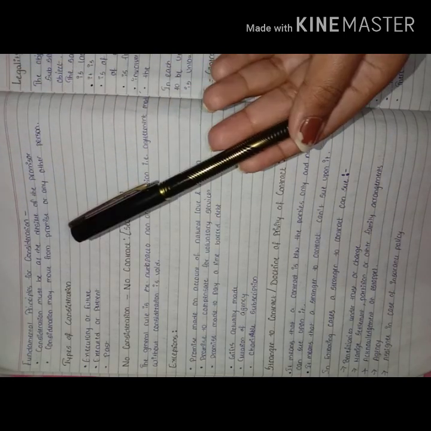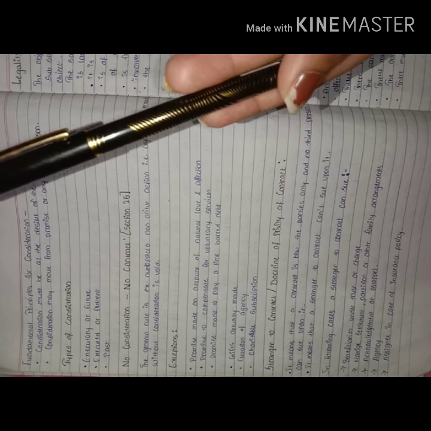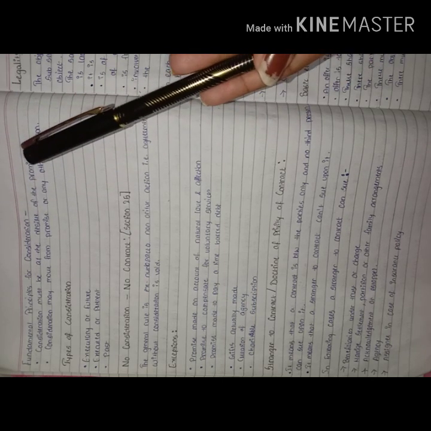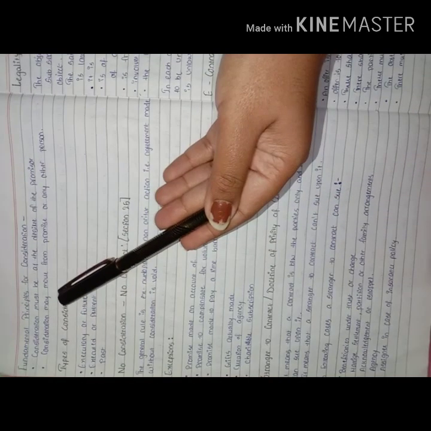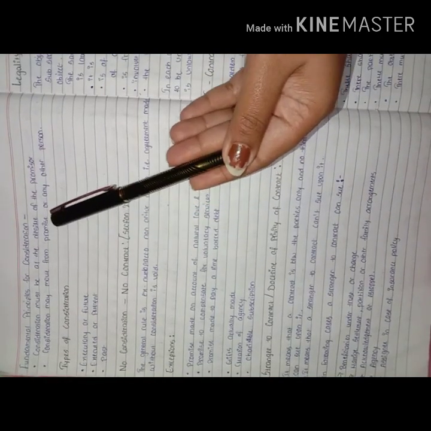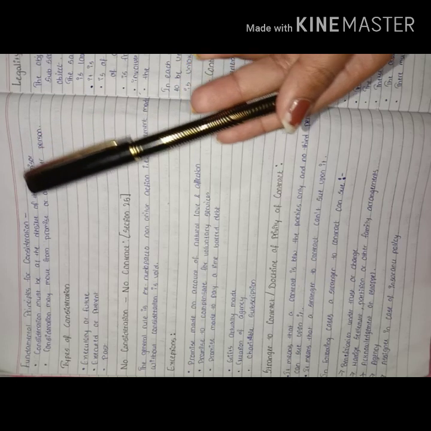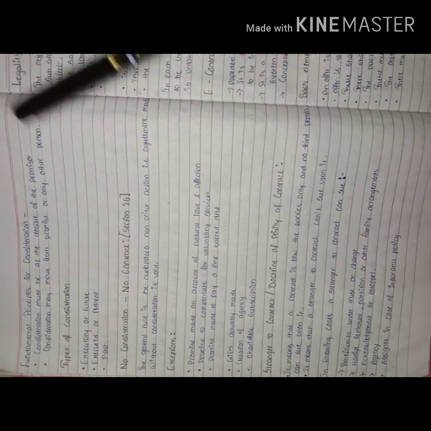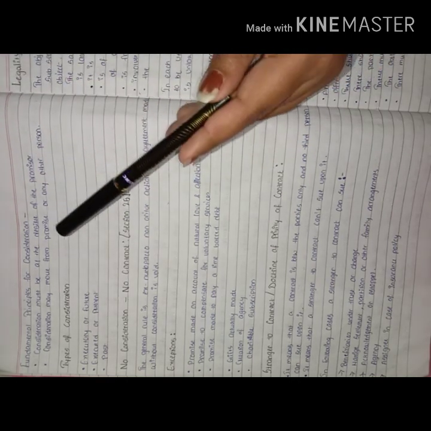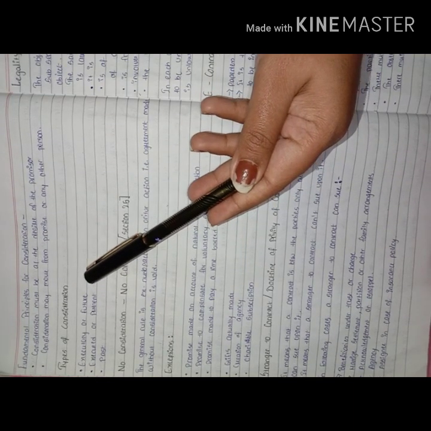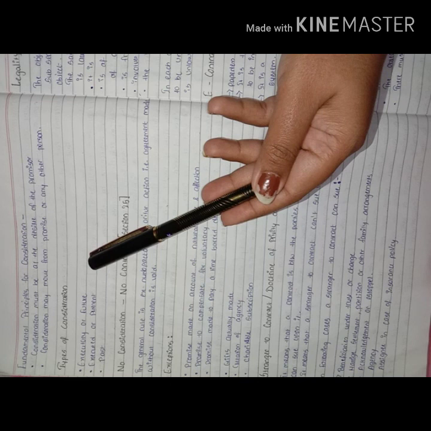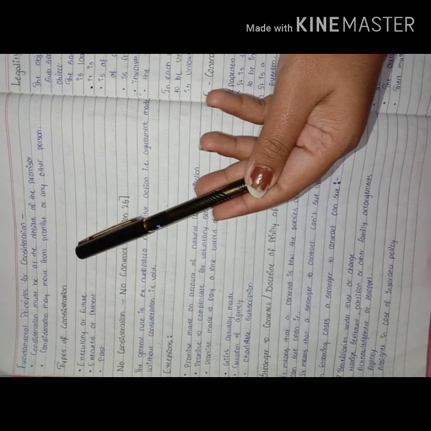Then the person who has made the proposal is called the promisor, and the person to whom the proposal is made is called the promisee. So the consideration may move from the promisee or any other person. So it can move from one person to another. That doesn't matter. Now there are some types of consideration: executory or future consideration, executed or present consideration, and past consideration.